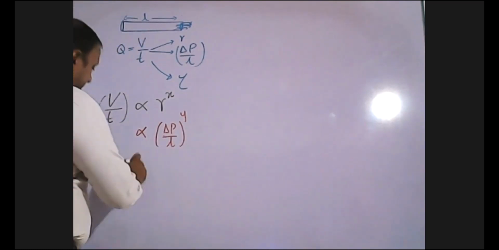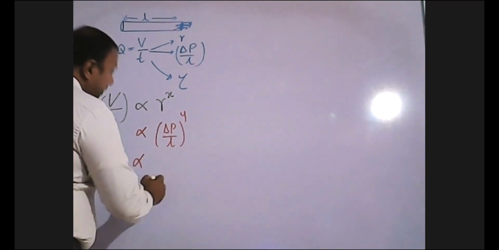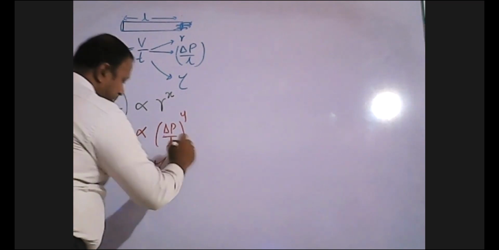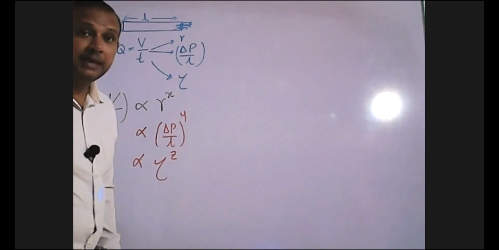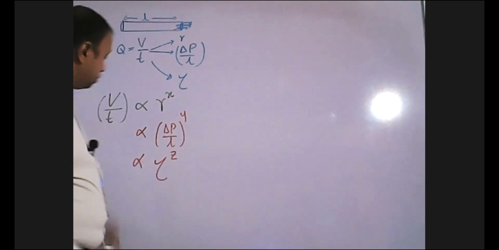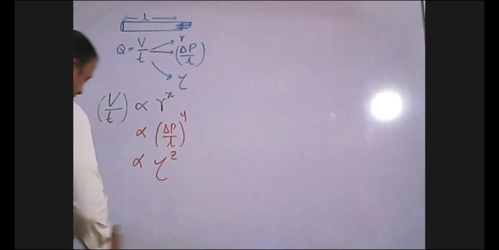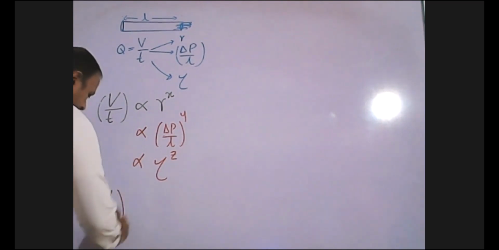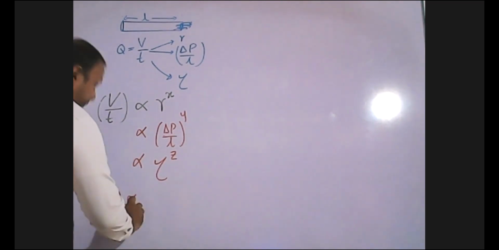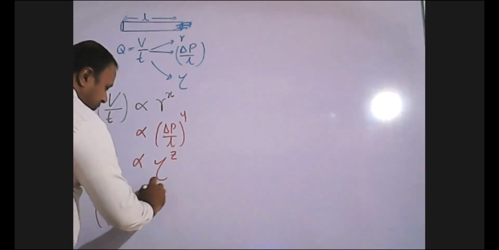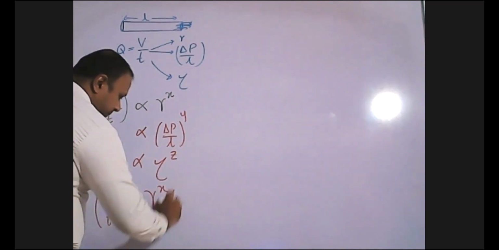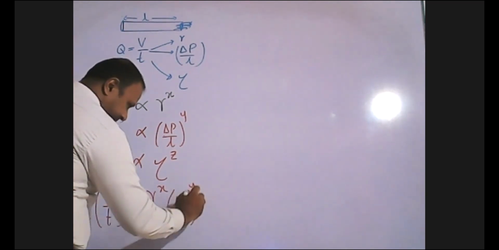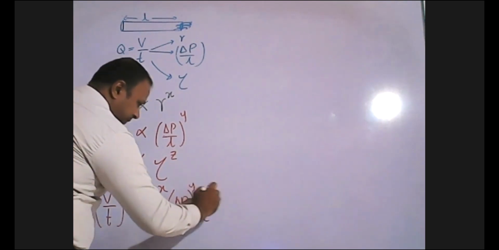And my third assumption is that it is directly proportional to some power of eta. Then I can combine these three relationships and write V over T directly proportional to r to the power x, pressure gradient to the power y, eta to the power z.